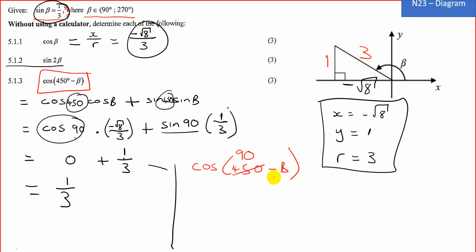And cos of 90 minus beta, using co-ratios, will turn out to be sin beta, and we know sin beta was given to be 1 over 3.